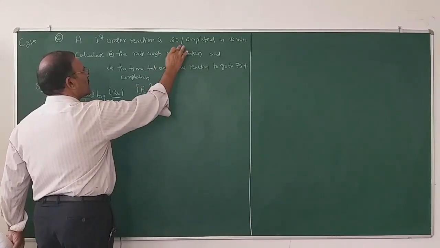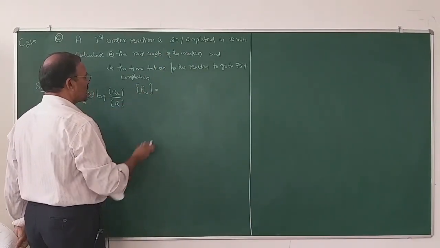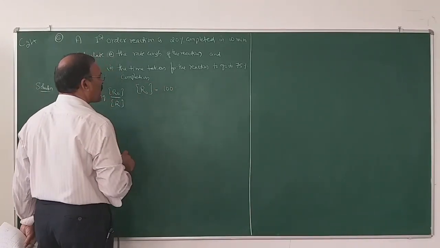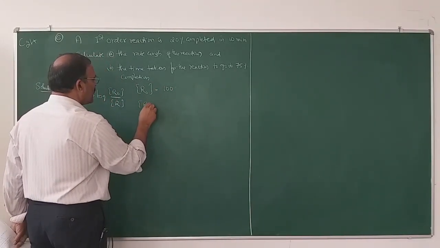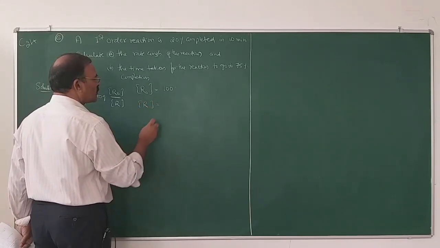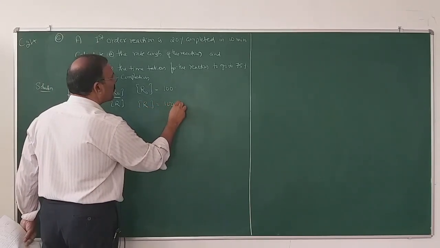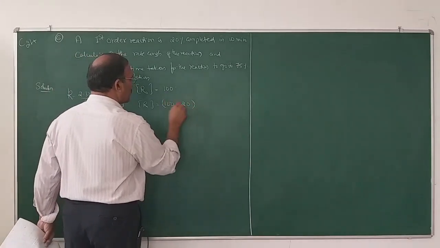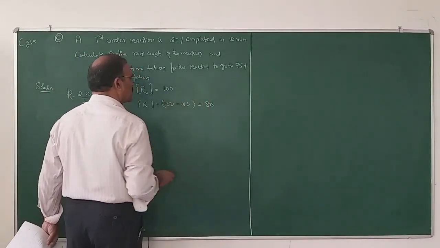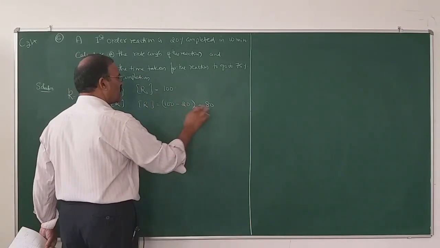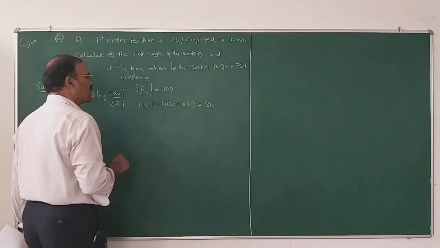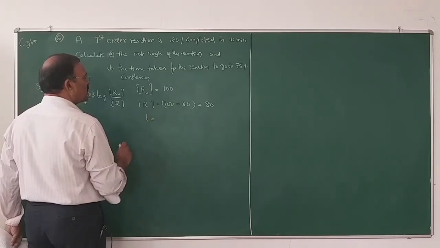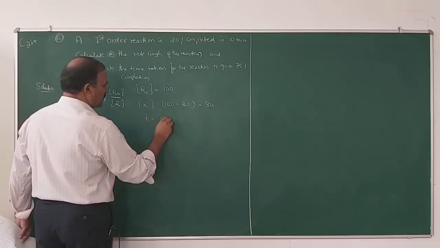If it is given in percentage, let the initial concentration be 100. Then the remaining concentration R is equal to what? 100 minus 20, this equals 80. So 80 is the remaining concentration, 100 is the initial concentration. And what is t? t is 10 minutes.